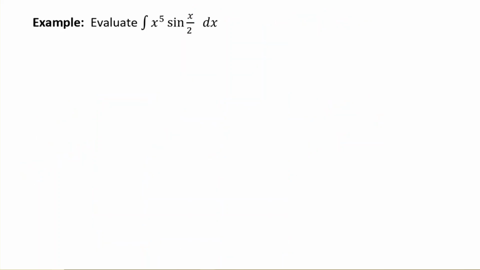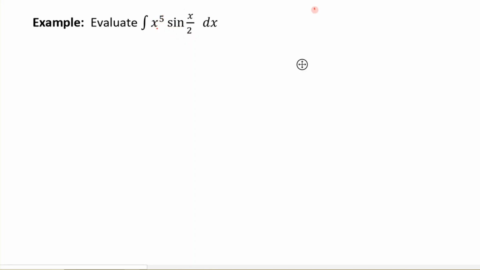We need to find the integral of x raised to power 5 times sine of x over 2 dx. So we have an algebraic function and a trigonometric function here. The first step is to choose your u and dv. The one which becomes simpler on differentiation will be our u. In this case, x raised to power 5 is going to be our u.